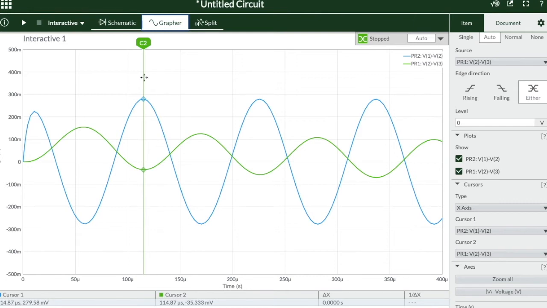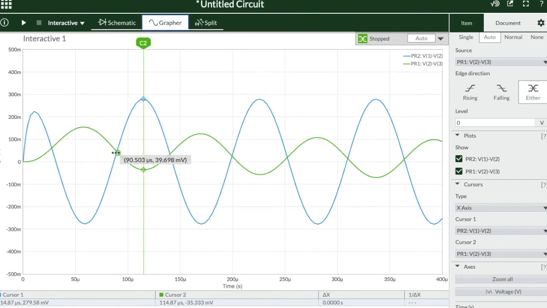If we shift this cursor a bit, the potential is dropping. That shows that we are right now at the peak, which is negative peak for the potential difference across the capacitor. That means when VL is at its positive peak, VC is at its negative peak.